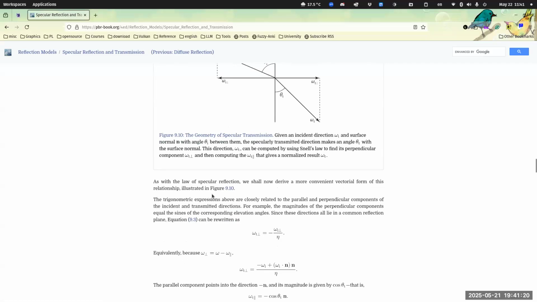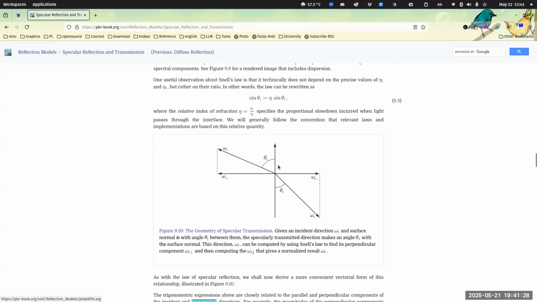So the trig expressions above are closely related to the parallel and perpendicular components of the incident and transmitted directions. Oh yeah, because sine is this, so it's the perpendicular component.